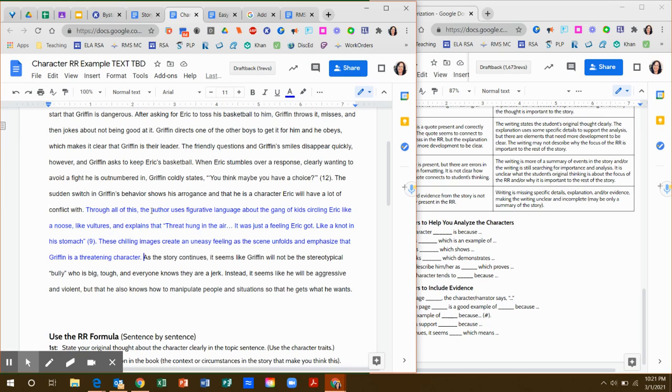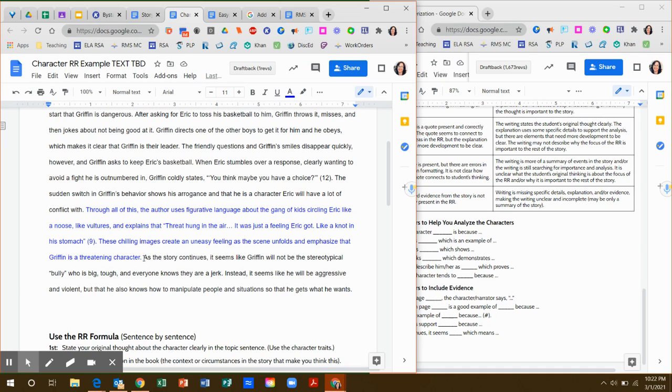So through all of this, the author uses figurative language about the gang of kids circling Eric like a noose, like vultures, and explains that, and here I have my quote, "threat hung in the air. It was just a feeling Eric got, like a knot in his stomach." These chilling images create an uneasy feeling as the scene unfolds, and it emphasizes that Griffin is a threatening character.